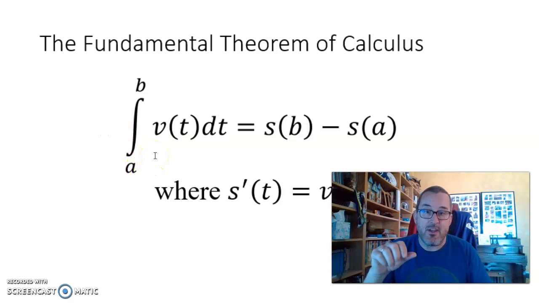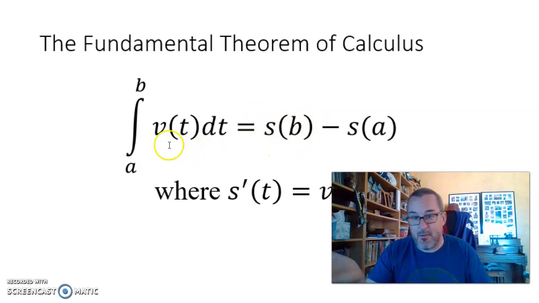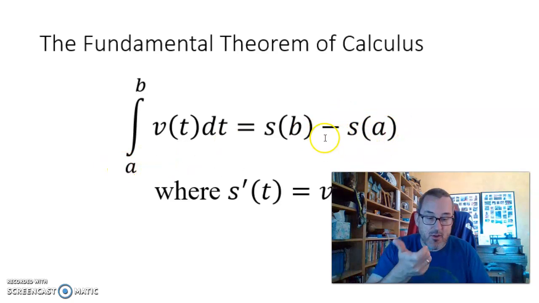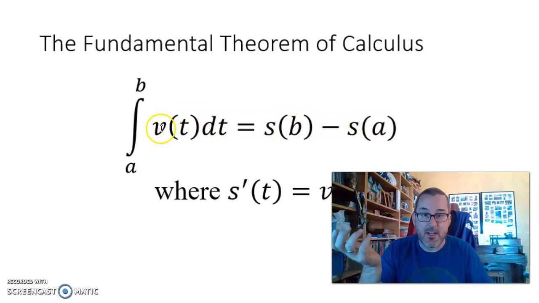And in the previous videos, you've seen that also can be represented by this total change principle. That is, if you could find the position at the endpoint b, find the position at the endpoint a, and subtract them, you'll get the change in position. So both of those things turned out to have the same result.